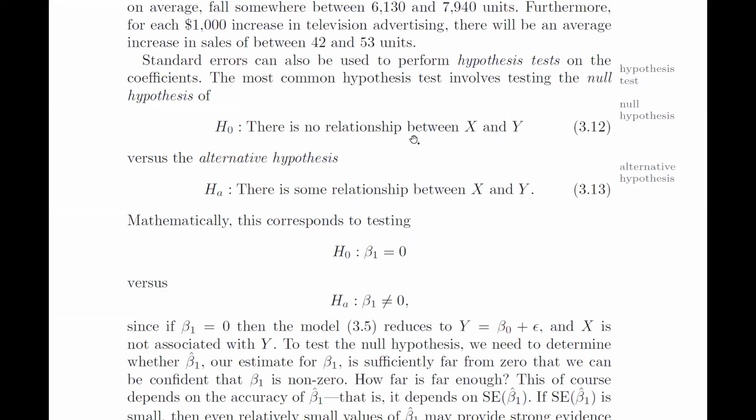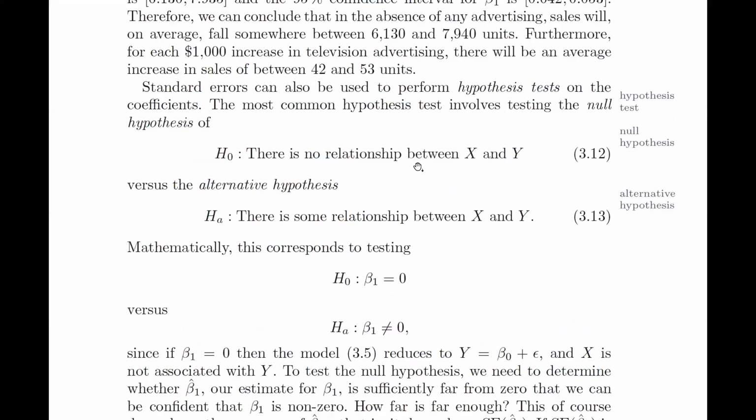And this is exactly it. The very first instance of hypothesis testing in the book occurs in the simple linear regression that we've been discussing from the very start of the sessions this week.